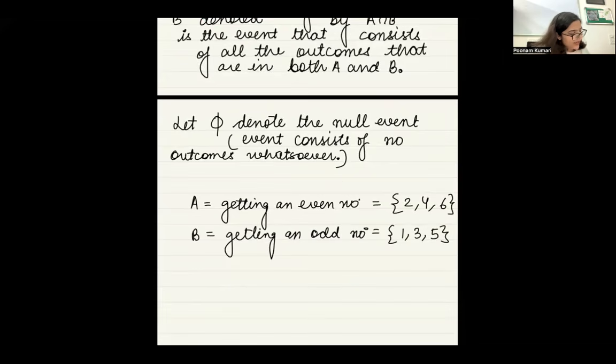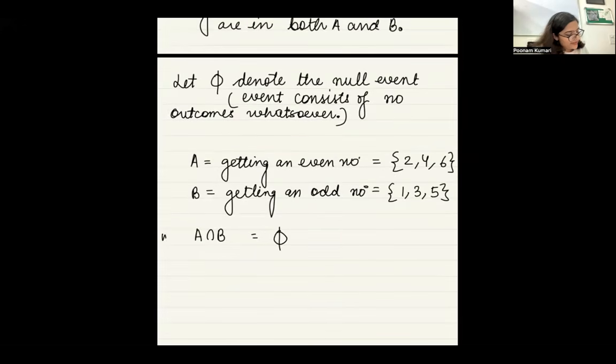If I do A intersection B, what am I going to get? Ma'am, the whole sample space, 1, 2, 3, 4, 5, 6. Null event, right? Null set, yes. We are doing intersection, so nothing is in common, right?